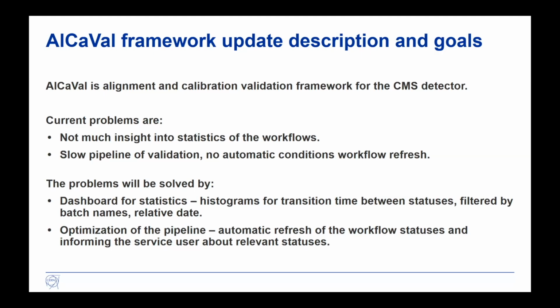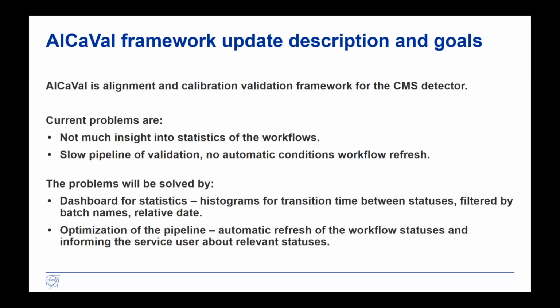Also, there are slow validation pipelines and no automatic conditions workflow refresh. If there's some status, we used to have to manually press update buttons to request an update of those workflows.